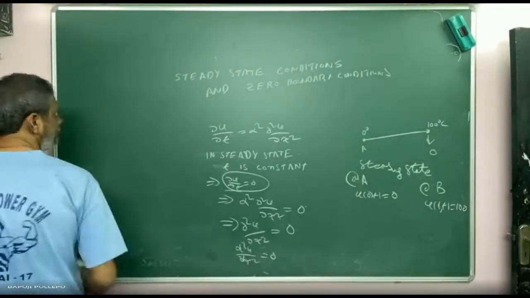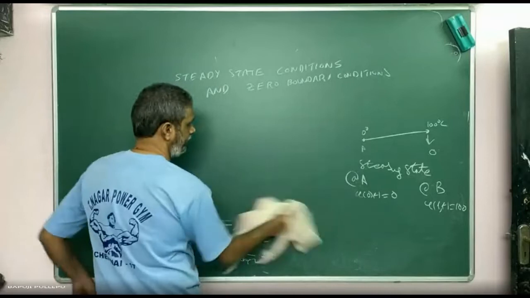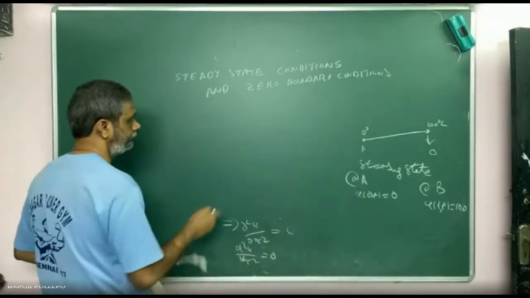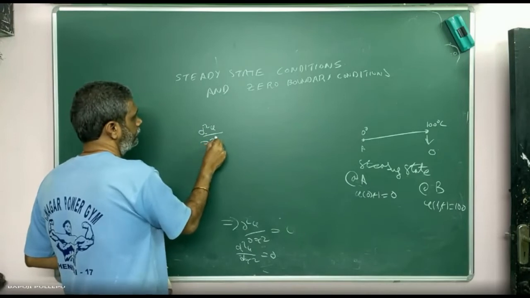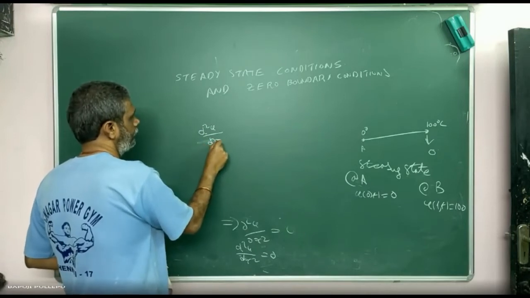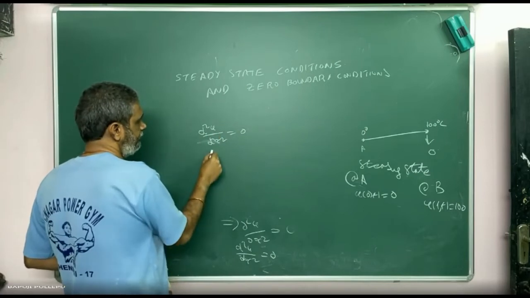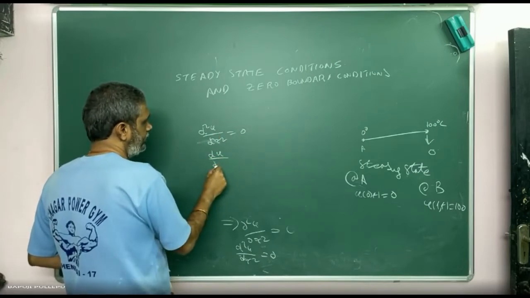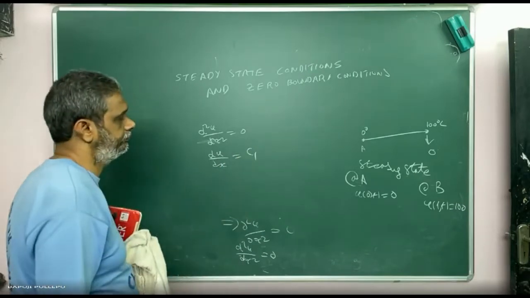Now d square u by dx square is equal to 0 means what? Just integrate to get the u value. In steady state you are finding the temperature. If you integrate the first time, what will you get? du by dx is equal to some constant, C1.